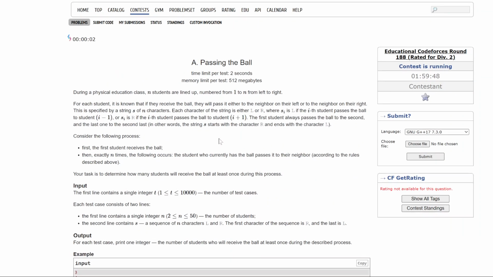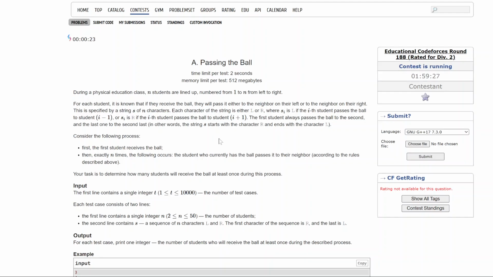Physical education class. Student, if they will pass it to either the neighbor on the left or the neighbor on the right. This chain of incorrect... allowing the student to pass the ball.